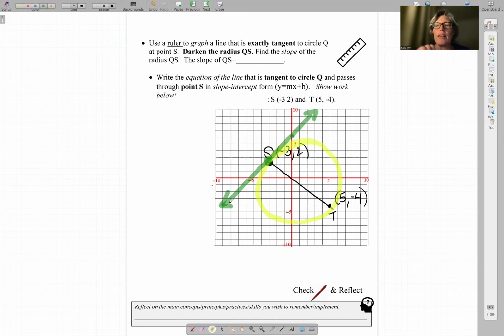And we want to find the equation of that line. So y equals mx plus b of that green line.